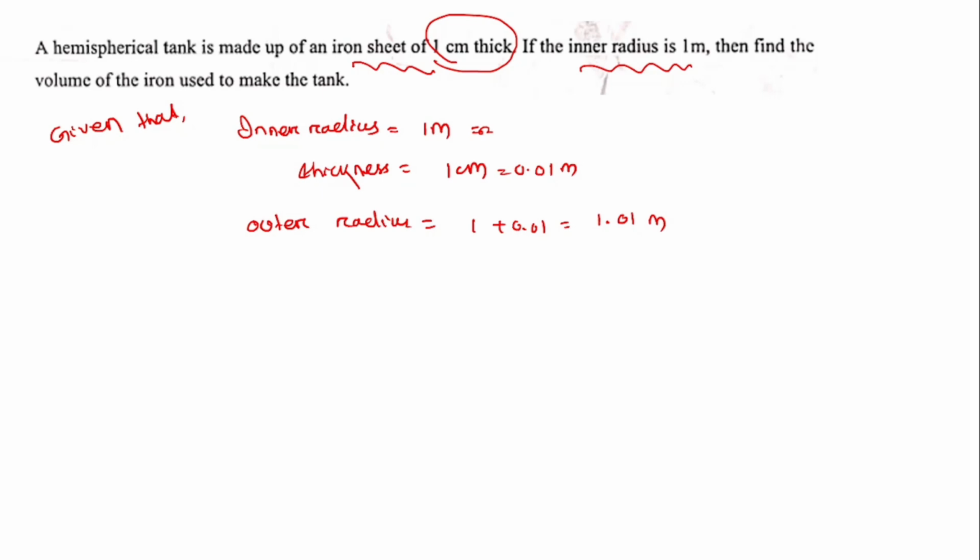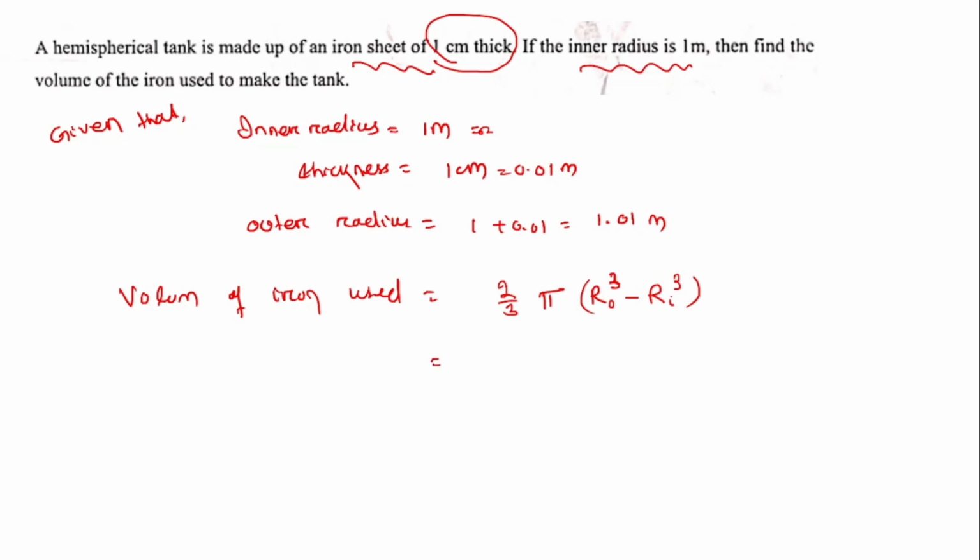Now find the volume of iron used. The formula is 2 by 3 pi into outer cube minus inner cube, yes or no, because it is a tank.